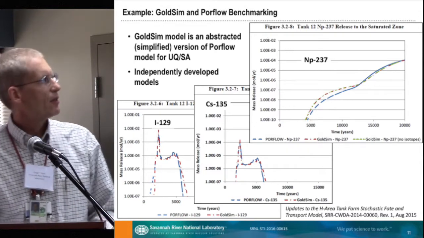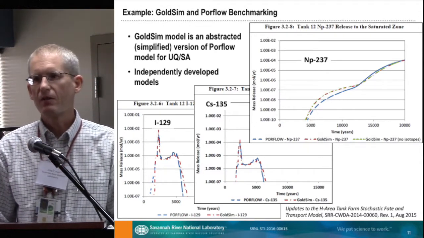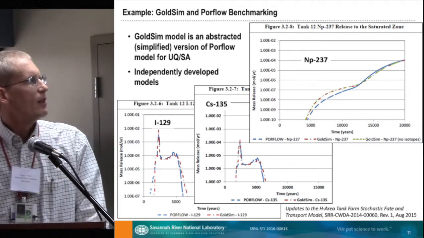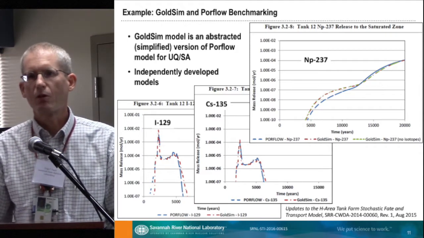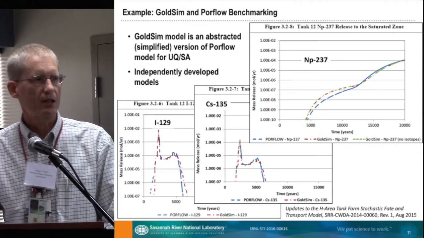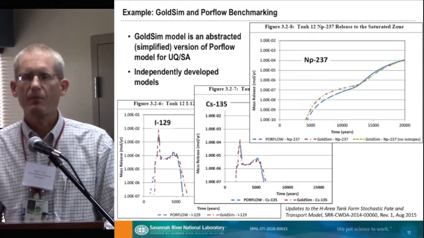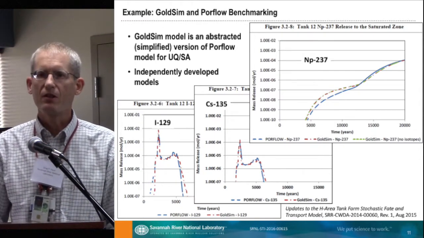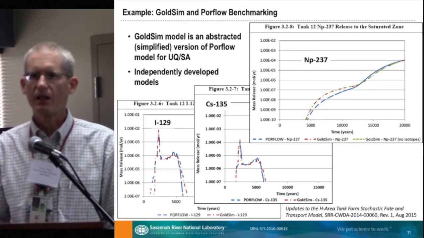Okay, this is just another example pointing to some code-to-code benchmarking. This is comparing an abstracted GoldSim model to a PORFLOW multidimensional numerical model. Now, we don't expect exact agreement between these two codes because, in fairness, the GoldSim representation is simplified and abstracted.